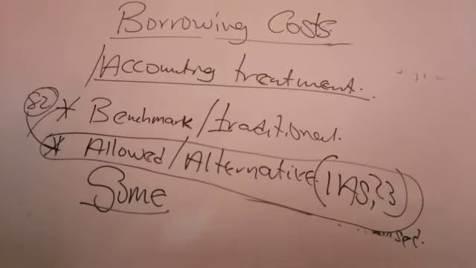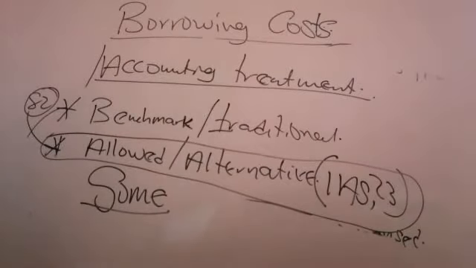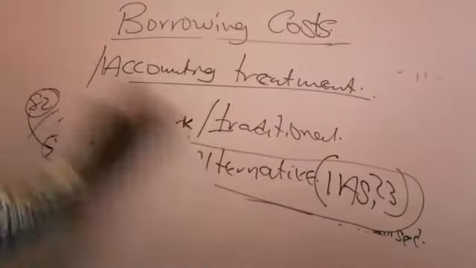Now the borrowing costs eligible for capitalization are the costs that are incurred directly on the acquisition, construction, or production of a qualifying asset. So they are the borrowing costs that you have incurred. So now let's look at this. We have started the capitalization of the borrowing cost. Good.